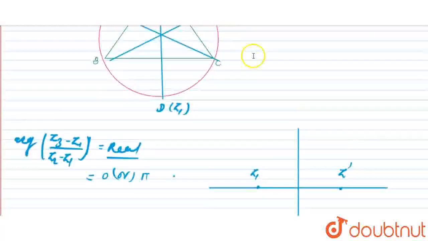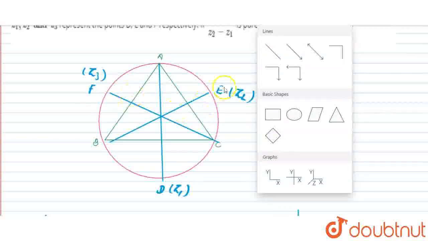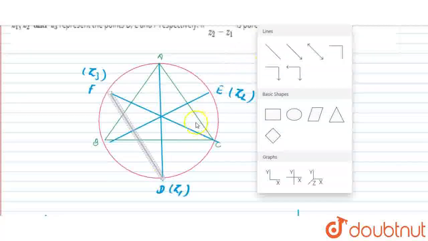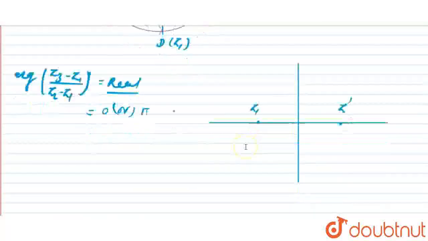Now from here you can conclude that, if you want to find the value of this one, from this point to this point is given, meaning Z3 minus Z1 divided by Z2 minus Z1 is given.